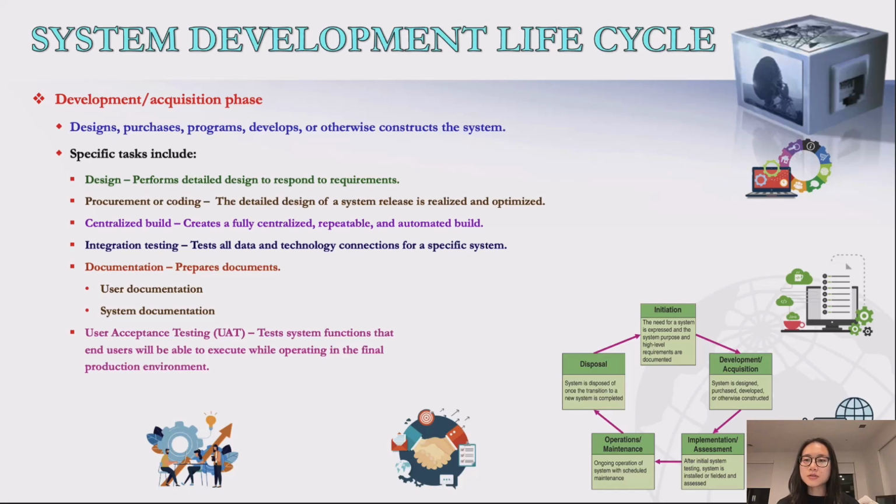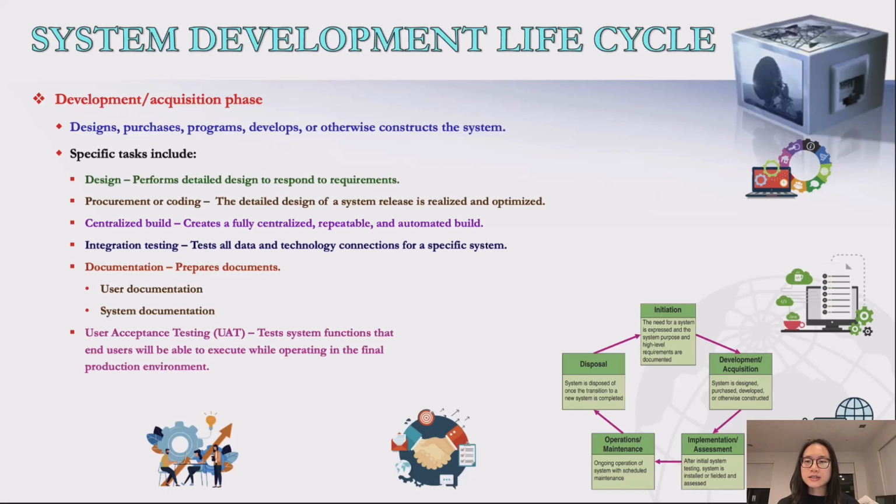The tests include not only all systems that provide data to the system being tested, but also all systems to which the system being tested provides data. The goal is to verify all appropriate data connections and data exchanges between the systems that will need to interact in the final operating environment.